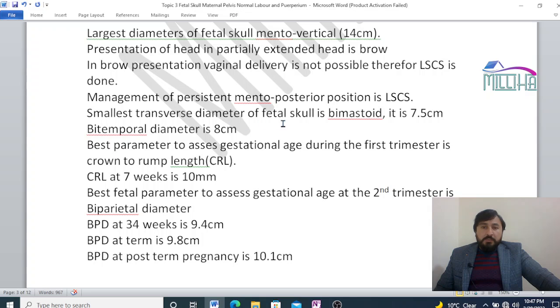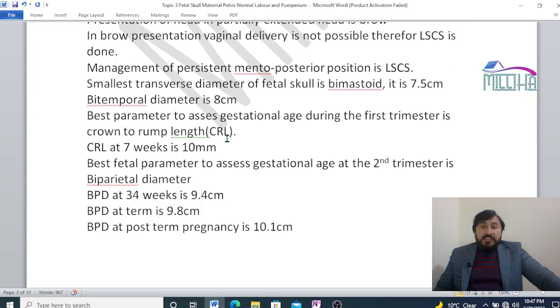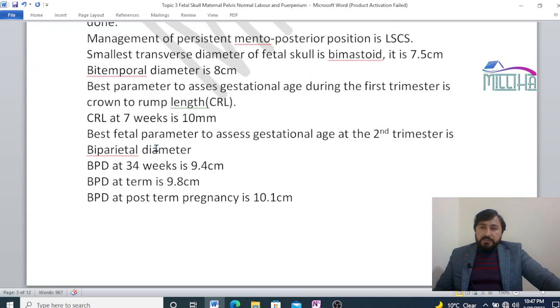The smallest transverse diameter of the fetal skull is bimastoid. It is 7.5 centimeter. Bitemporal diameter is 8 centimeter. The best parameter to assess gestational age during the first trimester is crown to rump length, CRL. This we had studied in the previous chapter 2, so here again it's a revision. CRL at 7 weeks is 10 millimeter.